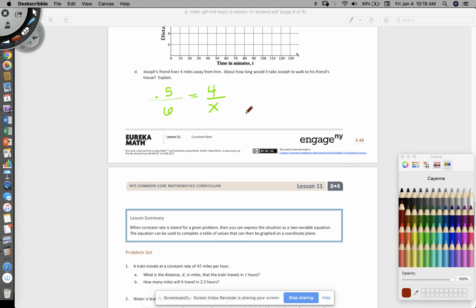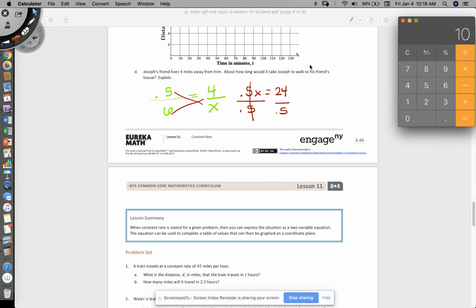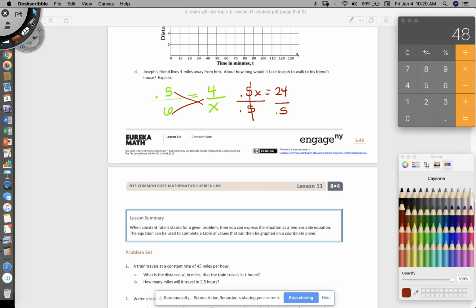All right, so let's solve that out. I'm going to do the x first, so I get 0.5x equals, and then 6 times 4 is 24. I'm going to divide this in half. So if you're using your calculator, just to show you your calculating skills here, we're going to say 24 divided by 0.5, and I get 48 minutes.